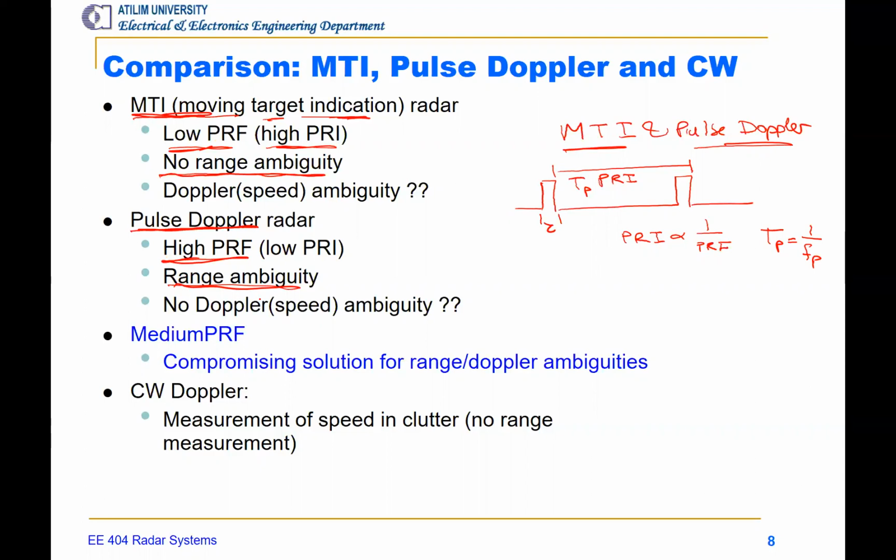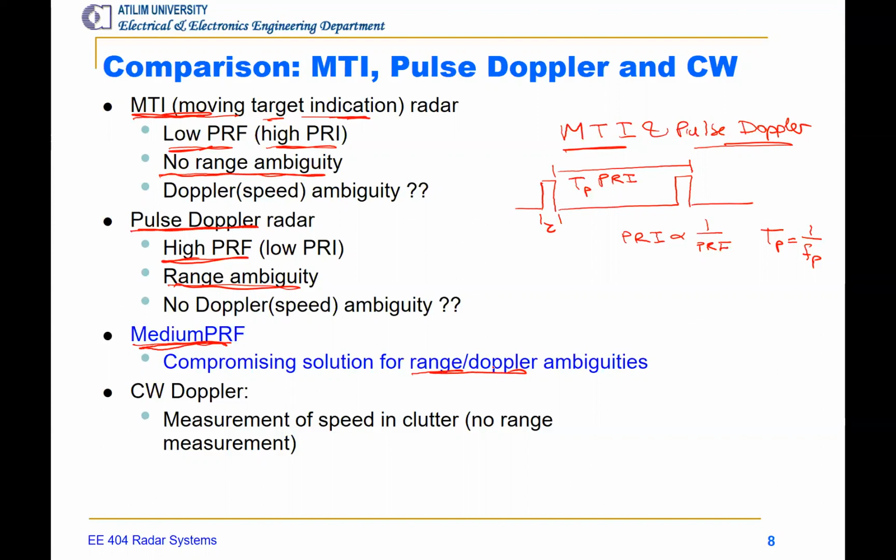There may be a compromising solution where we can choose a medium PRF. So it's not high enough, but not low enough to say pulse Doppler or MTI. Then this could, of course, present both range and Doppler ambiguity. So if we are able to tolerate some Doppler and range ambiguity, then we can use medium PRF.